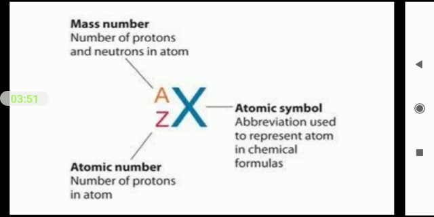What is mass number? The number of protons and neutrons combined gives us the mass number of an atom. The mass number is represented using the letter A. As both protons and neutrons are present in the nucleus of an atom, they are together called nucleons.